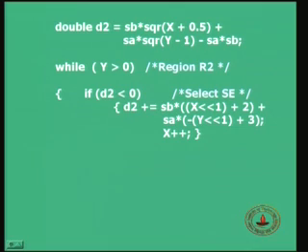Then we select southeast and increment d2 by the expression you have noted down, which you can check against the one given here. In C-type code, it is b square multiplied by 2x plus 2, plus a square multiplied by minus 2y plus 3, and then of course increment x if you are selecting southeast.